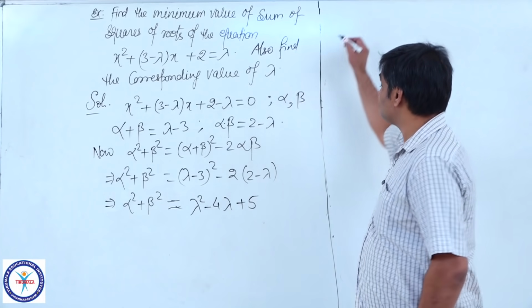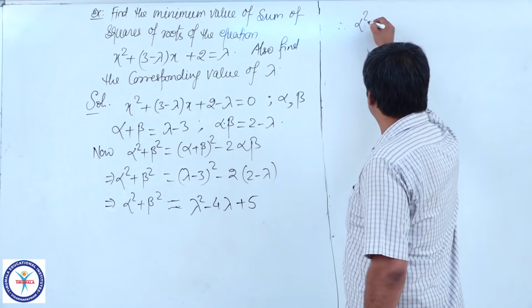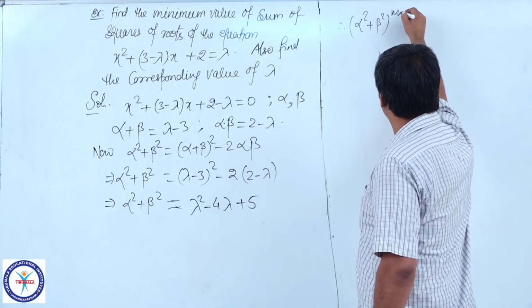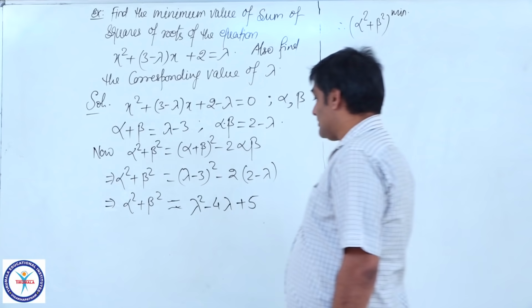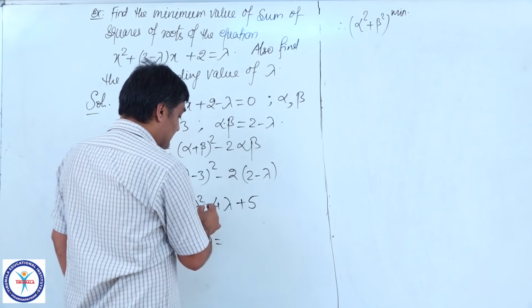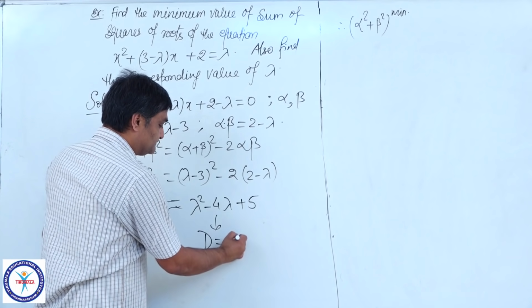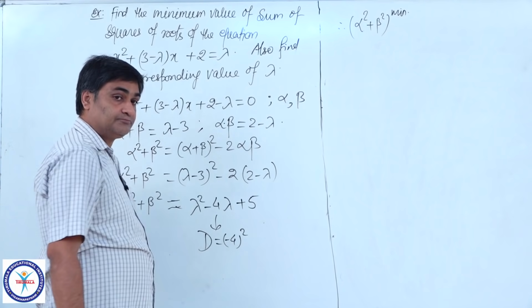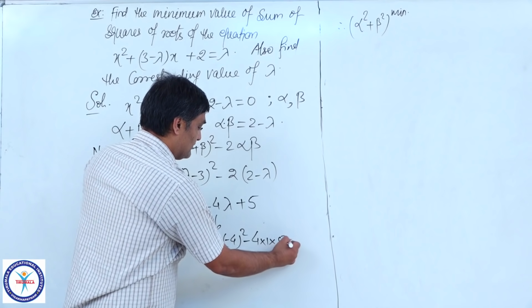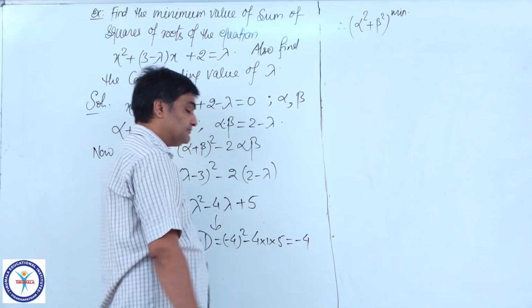Therefore, alpha square plus beta square minimum. Here we will find D, the discriminant. It is b square minus 4 into 1 into 5, that is minus 4.